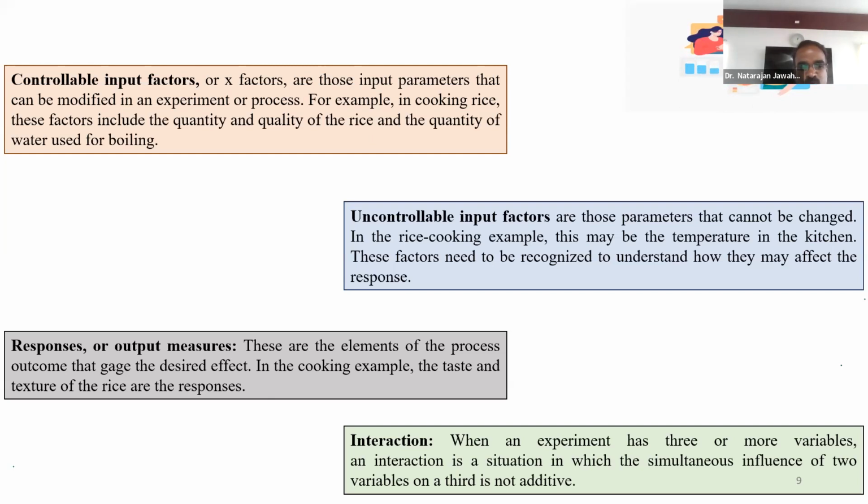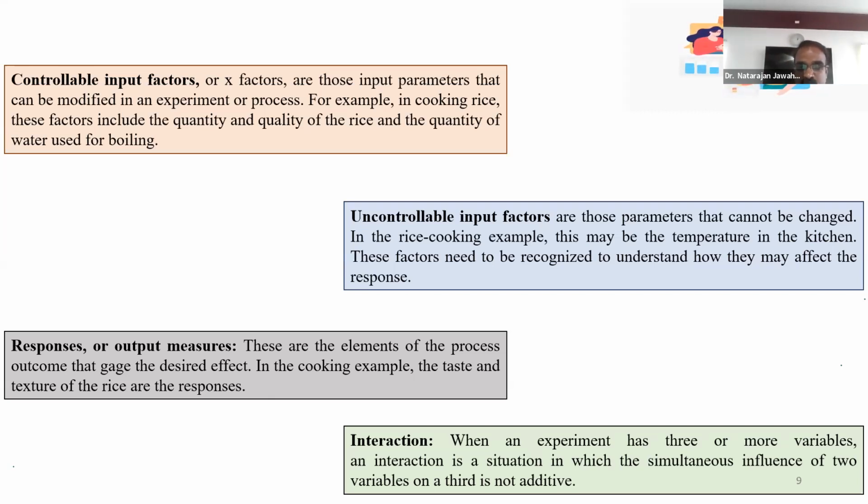Response or output measures we already discussed, but still, these are the elements of the process outcome that gauge the desired effect. In the cooking example, the response may be the taste or the texture of the rice. And interaction: when an experiment has 3 or more variables. In the same example, how many variables are there? Cooking rice: one is quantity of rice, another is quality of rice, the third is quantity of water. So 3 variables.